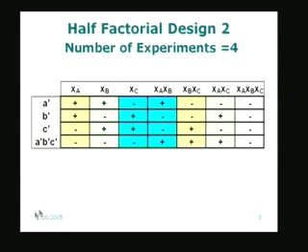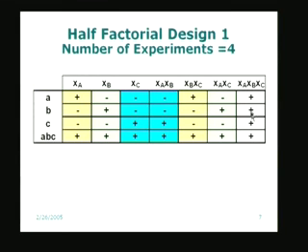In the previous case the product of these 3 is equal to plus 1. That is the characteristic of these two designs. So we have two half factorial designs, and the advantage of half factorial design is only 4 experiments are needed to be performed, but we will not have the facility of representing all the 8 parameters.